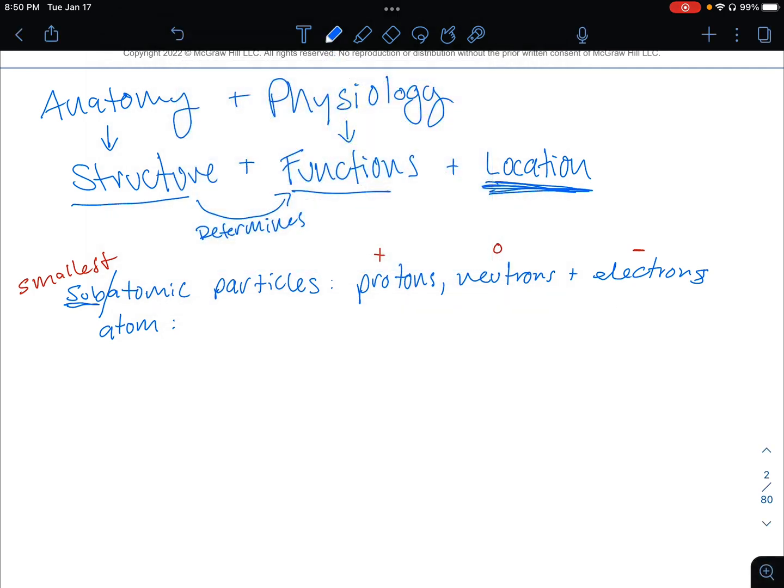So put those subatomic particles, protons, neutrons, and electrons together, and we get an atom, being the building block of the world. If we put one or more atoms together, we get a molecule. If we put one or more molecules together, we get a macromolecule.